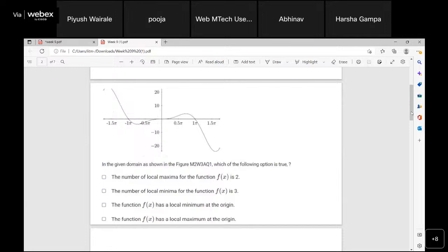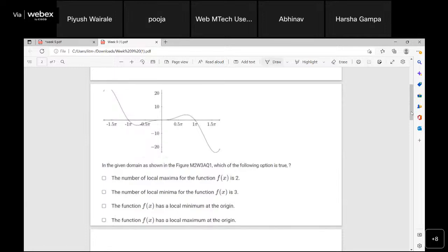So the graph is like this. Tell me how many turning points are here? This is my first turning point, this is my second turning point, this is my third turning point, and this is my fourth turning point, right?